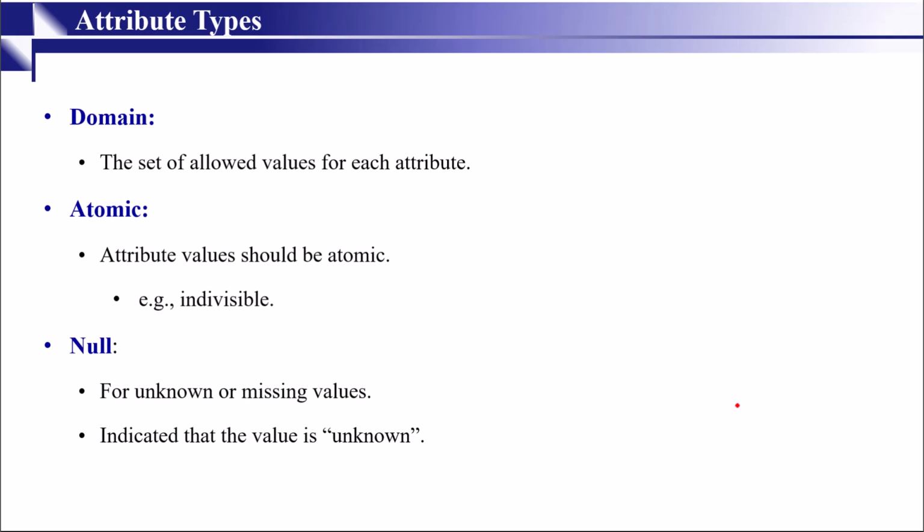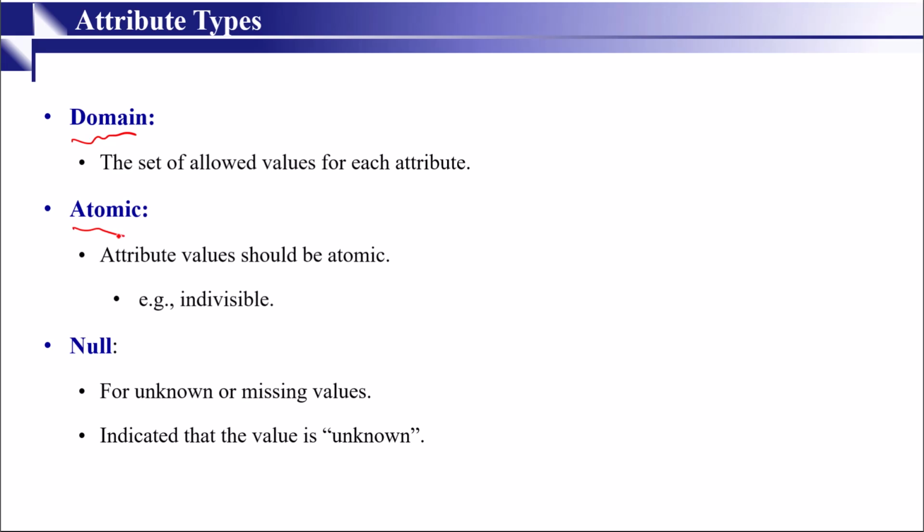Now let's dive into the properties of attributes. Each attribute has a domain, and the domain is the set of permissible or possible values that an attribute can take, like numbers, strings, etc. Attributes should be atomic. It means they are indivisible.